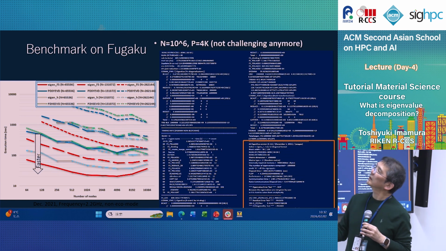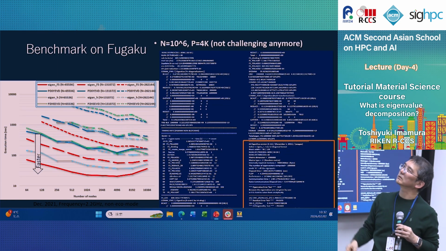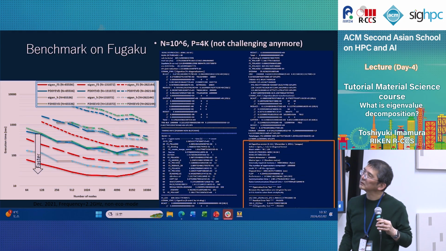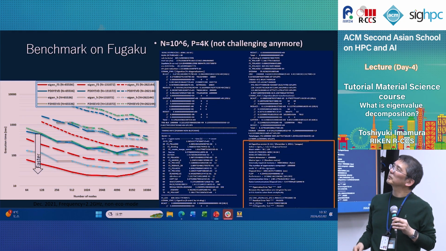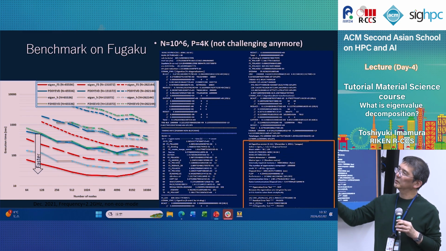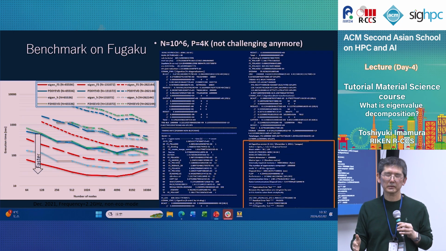Here you see the capital N, which refers to the matrix size. The current modern supercomputer system has a very large memory capacity.